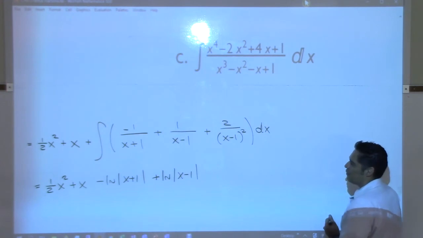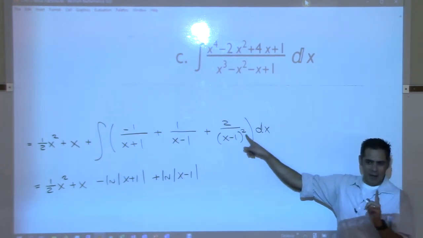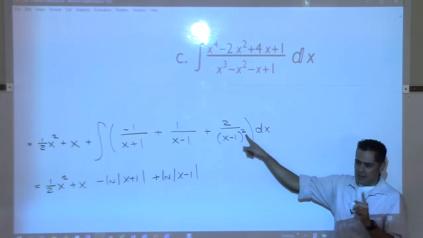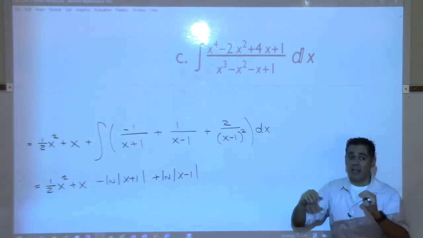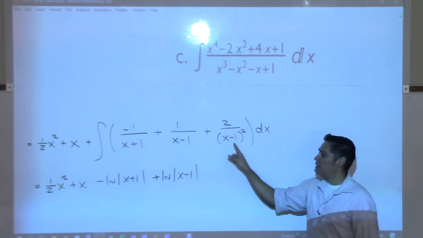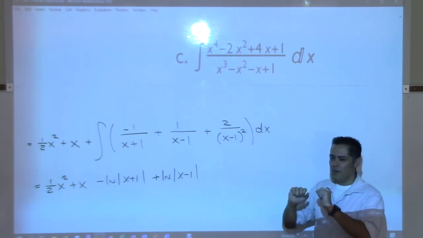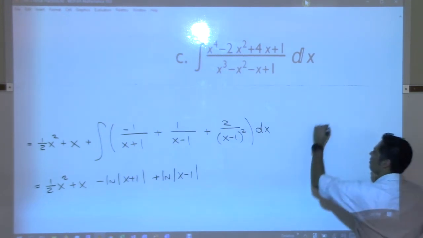Oh, careful. Because it's squared, right? We talked about this last class. If you have constant over linear, we're natural log all day long. But if you have constant over linear repeated, this is going to be like a little u sub. This thing looks a lot like this, Alex.